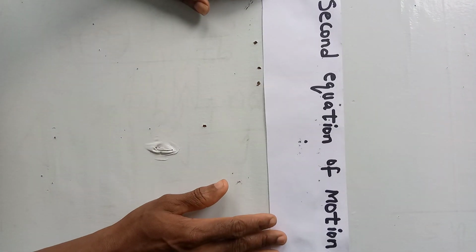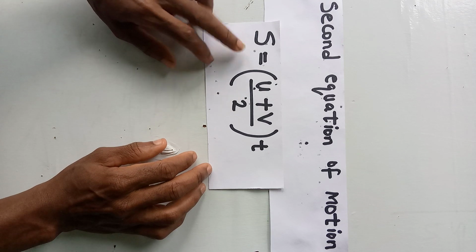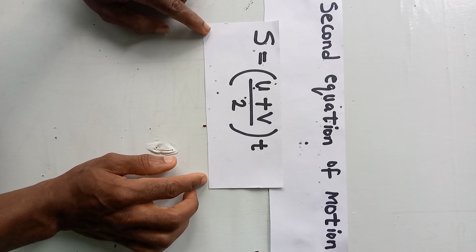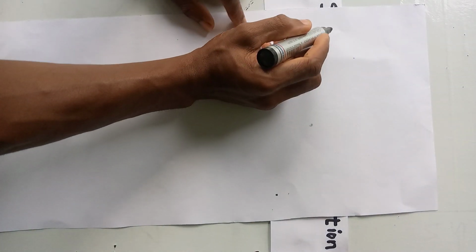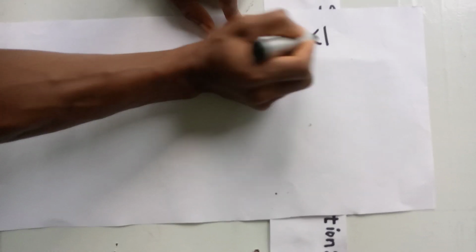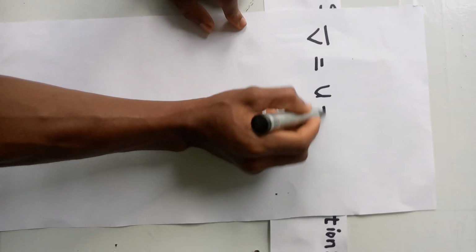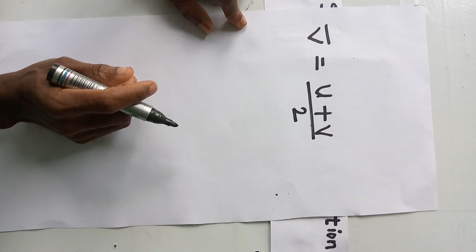Second equation of motion, it is given by S equals U plus V over 2 times T. So how do we derive that? Let's quickly derive that. Let's recall that average velocity is equal to U plus V over 2.